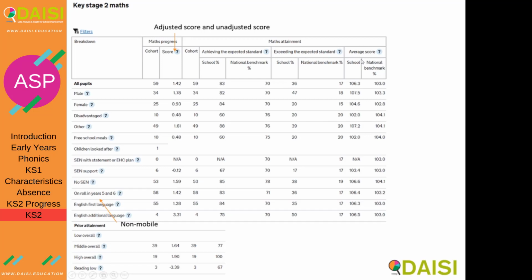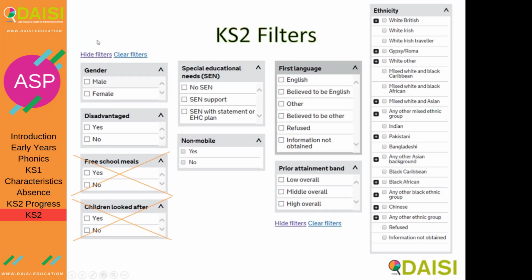And then your average scaled score for pupils who were entered into the exams and got a scaled score of 80 to 120. Just like Key Stage 1, there are filters as well, and these filters also include non-mobile and prior attainment band. It seems that in 2017 you could use free school meals 6 and children looked after. Those seem no longer to be the case.